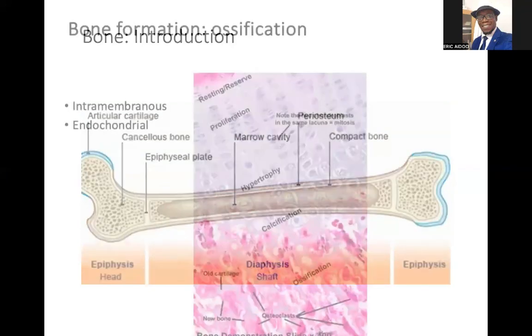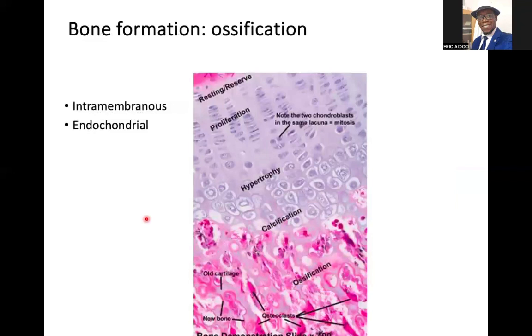So that's the different types of ossification: the intramembranous and then endochondral ossification. Here you can see that there are cartilages, cartilage matrix laid down. Then it calcifies, undergoes ossification to form a bone.